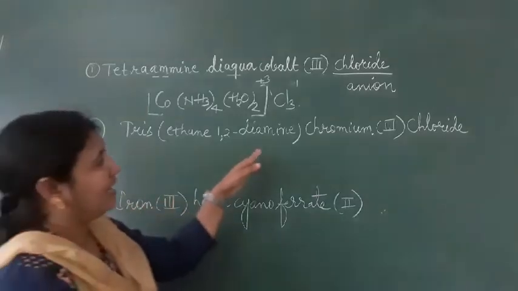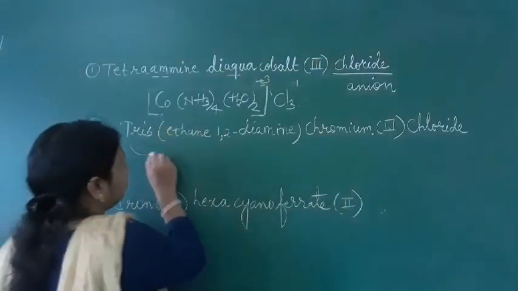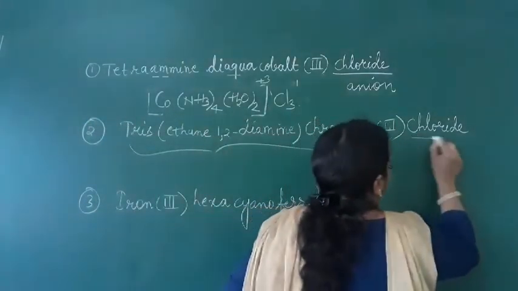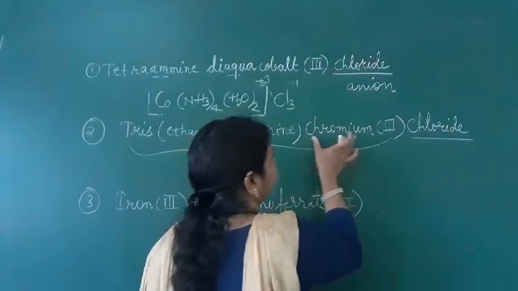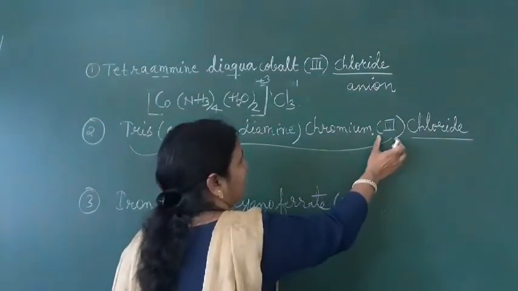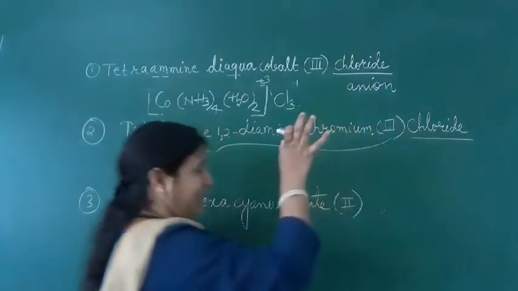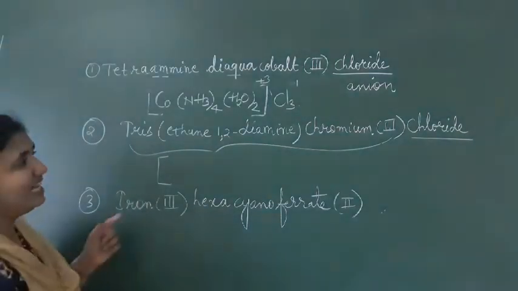Next see second one. Tris-ethane 1,2-diamine chromium 3 chloride. Now in this case also, till here it is a cation and this chloride is the anion here. Okay, metal name and oxidation number given means it is totally cation. So this complex cation we will write in the bracket.